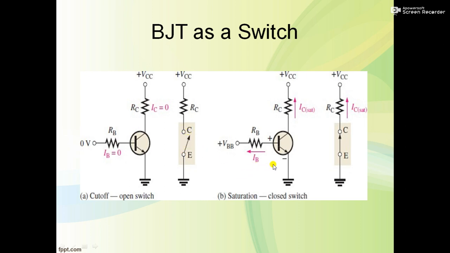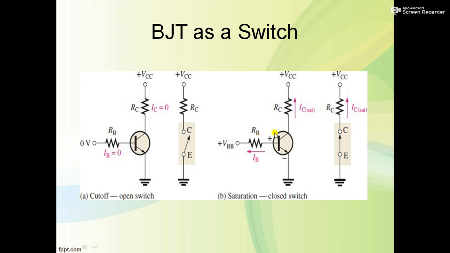Similarly, when IB is equal to 0 and IC is equal to 0, what does it indicate? The emitter-base junction is reverse biased, and the collector-base junction is also reverse biased, because IC is equal to 0 and IB is equal to 0.